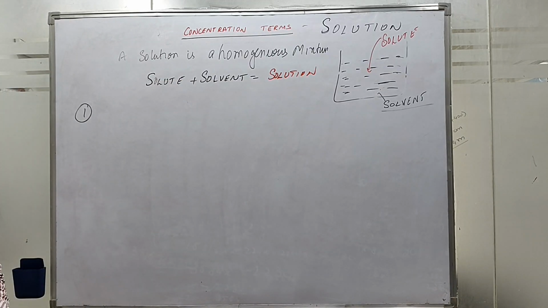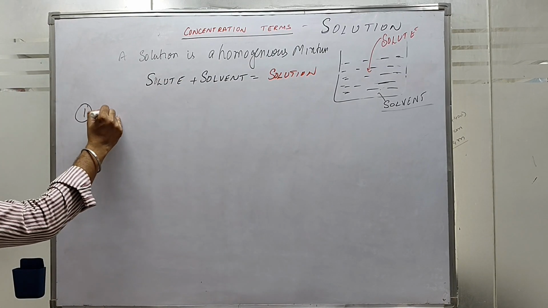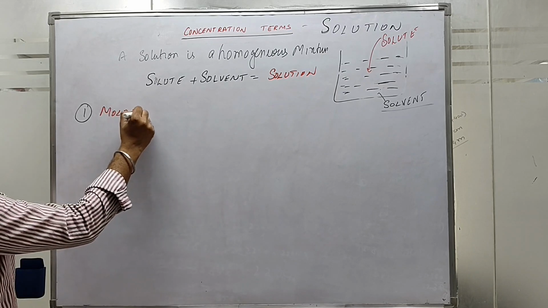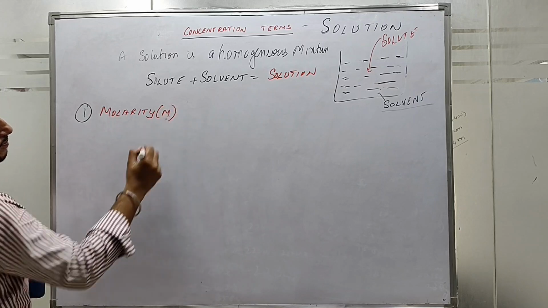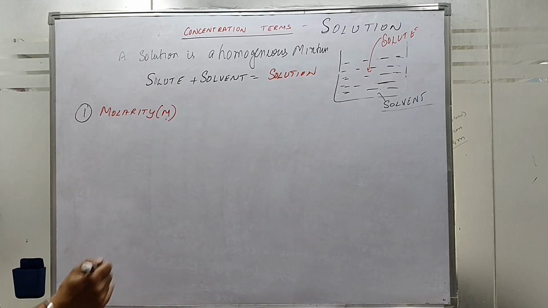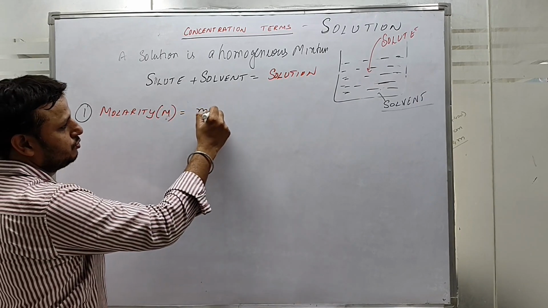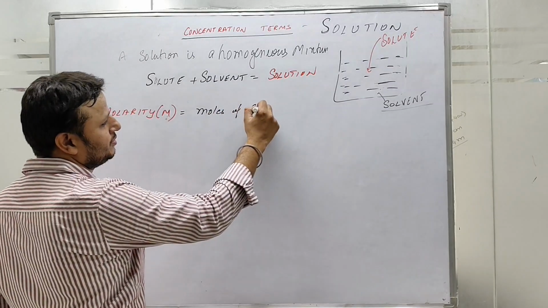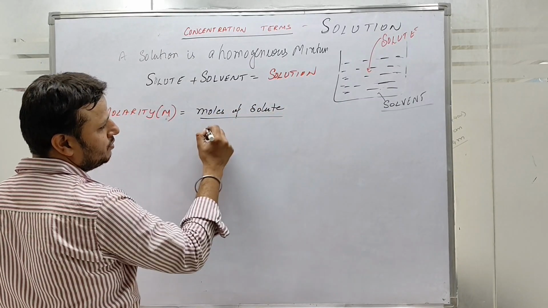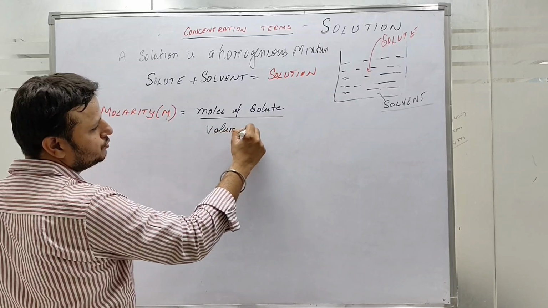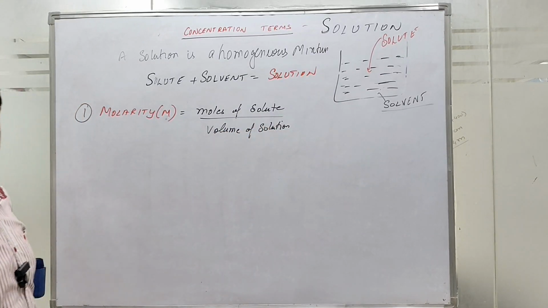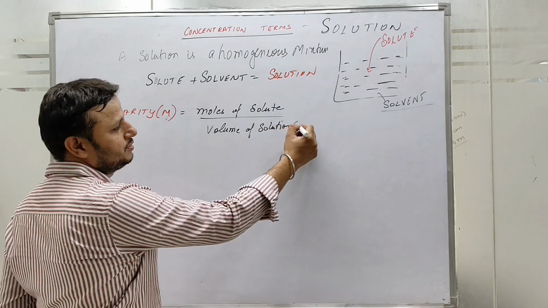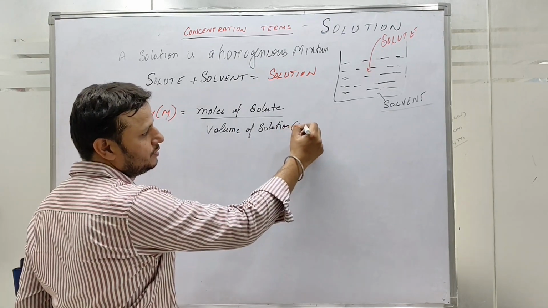The first and the most important term is molarity, denoted by capital M. Molarity is moles of solute divided by volume of solution, and that should be in liters.